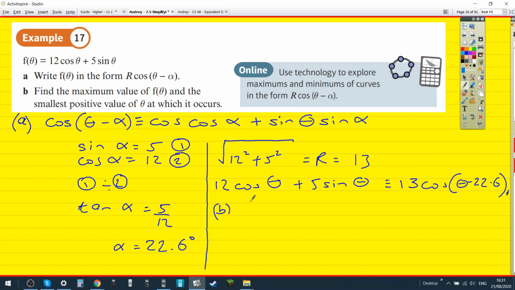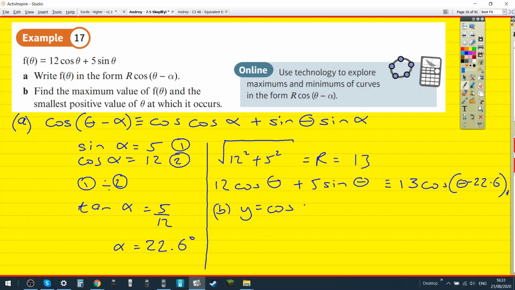That doesn't sound right. So imagine you have cos theta. What's its maximum? Y equals cos theta.